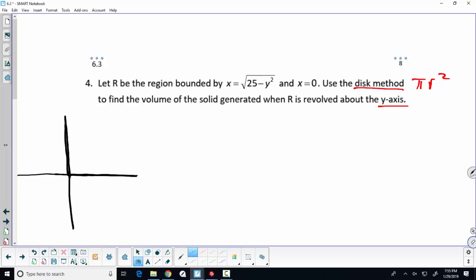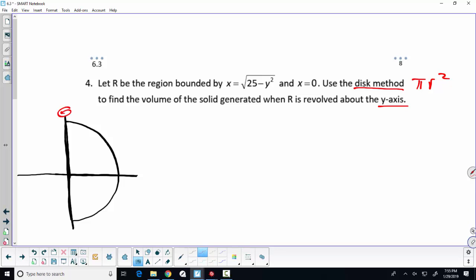So which part of the circle is that? Okay, yeah, so be careful. This is when x is positive. So we have only the right half of the circle, the line x equals 0. So we're taking that region, revolving it around the y-axis, and computing the volume of the solid generated when we revolve around the y-axis.